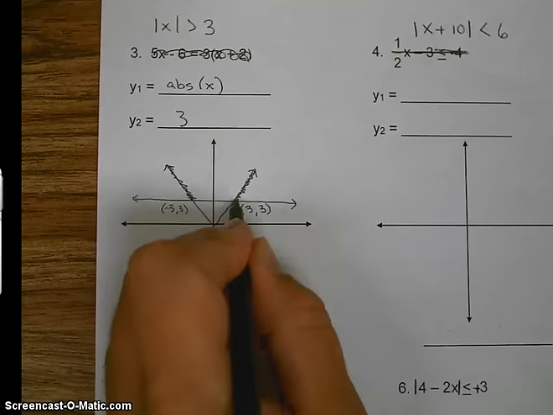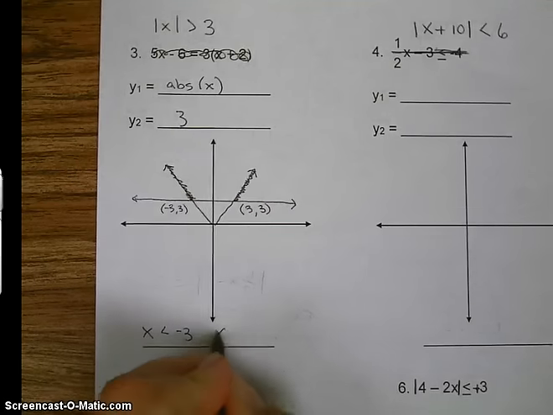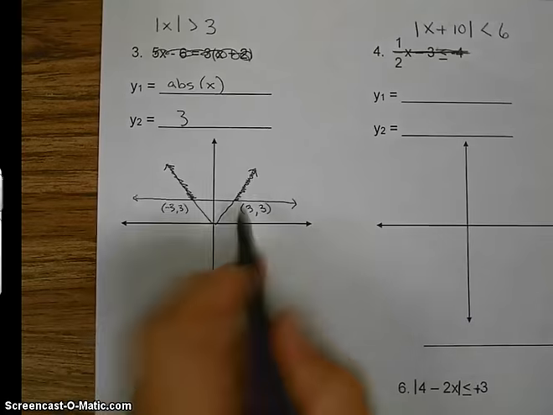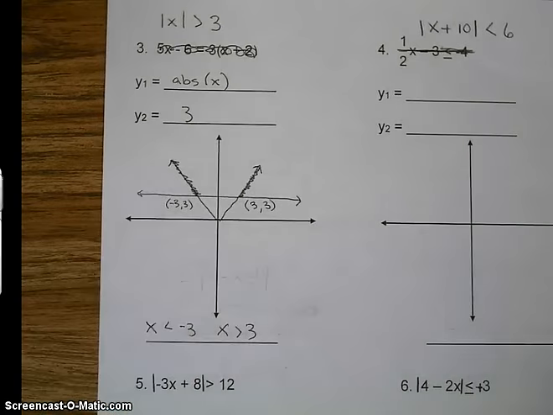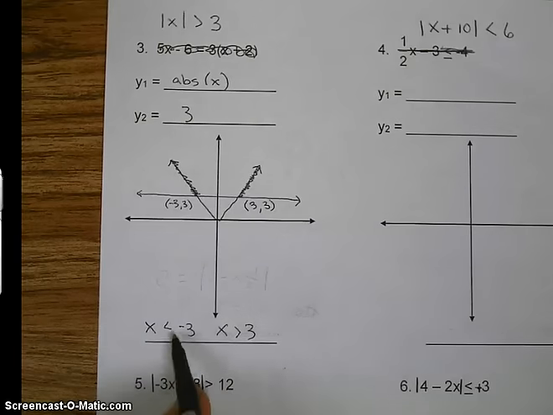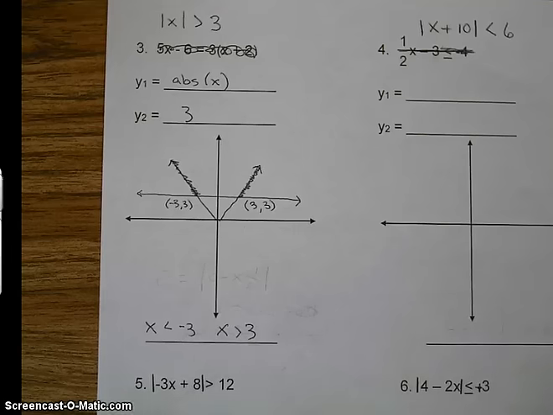And we're shading to the right here because it's above, so x is greater than 3. Shading to the left, it's got to be a less than. Shading to the right, it's got to be a greater than. Okay? All right, let's take a look at another one.